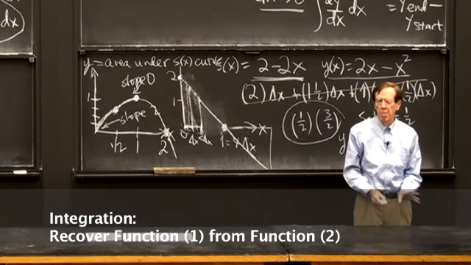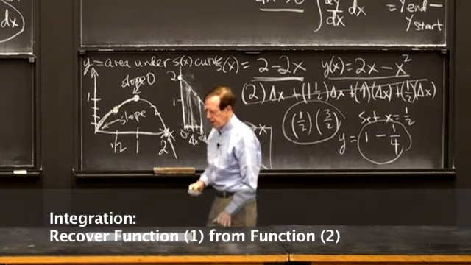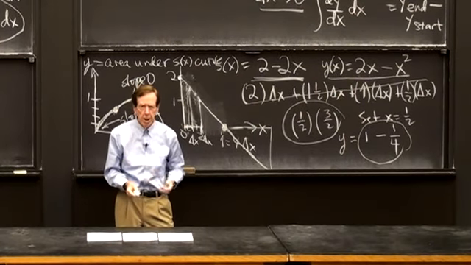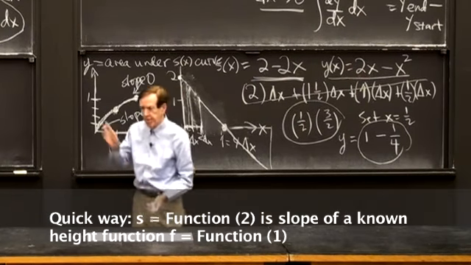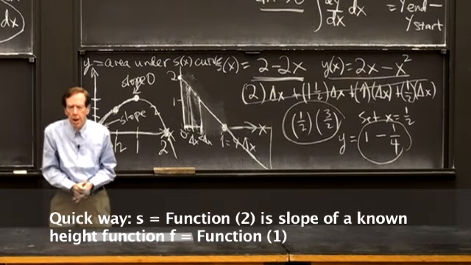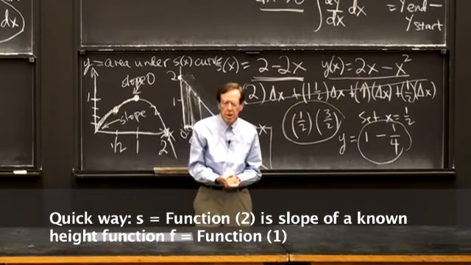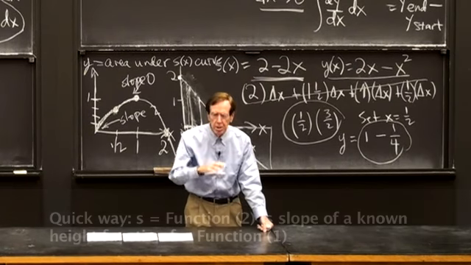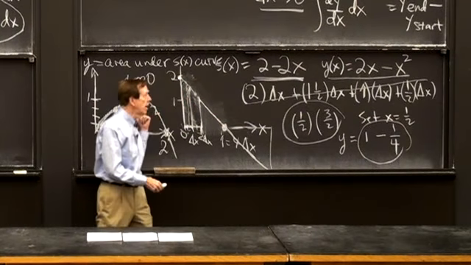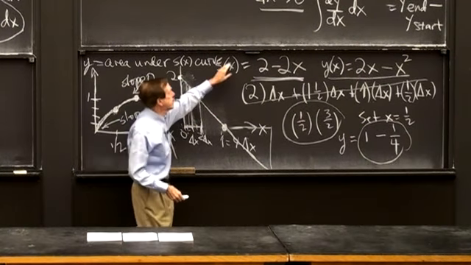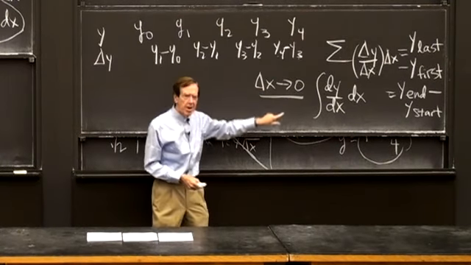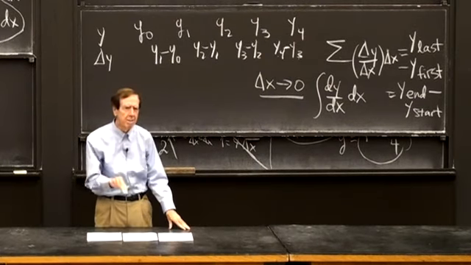Let me just recap a moment. Today was about going from function 2 back to function 1. The quickest way to do it is to find a function 1 that gives that function 2, and then you're in. But if you can't do that, or if you want to understand what's really behind it, the limiting process, it's like the algebra, but it's this expression here that's concealing so much mathematics.